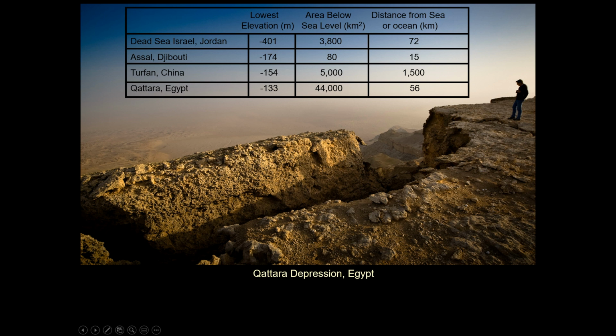In comparison, we have the Dead Sea in Jordan at about 1,200 feet, or about 400 meters below sea level. But look at the area that's below sea level: about 3,800 square kilometers around the Dead Sea of Jordan, and in the Qattara Depression, 44,000 square kilometers. And this place is only about 56 kilometers from the Mediterranean.